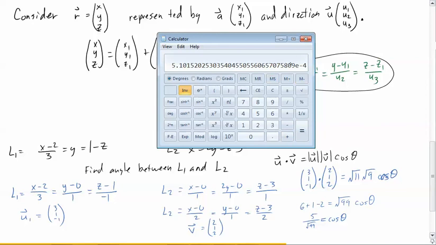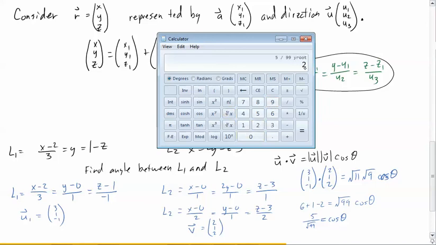Let's try this again. So we'll go square root of 99. That is not doing the square root of 99, is it? That is crazy. Hold on.